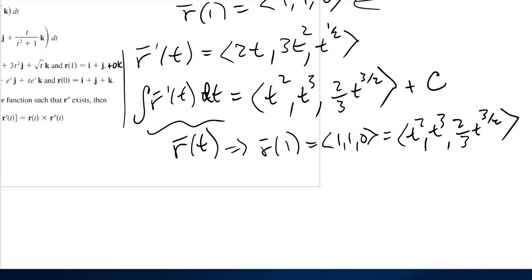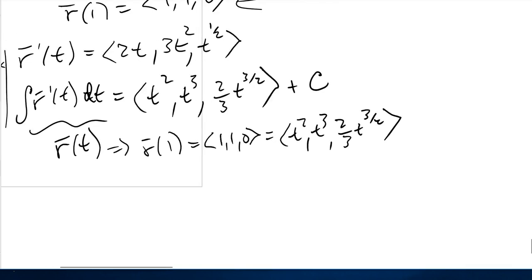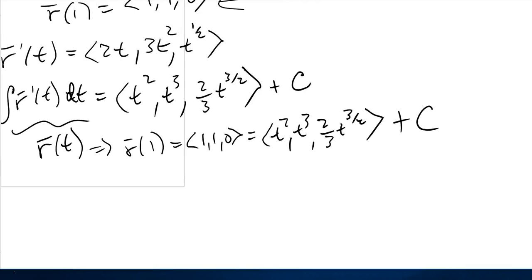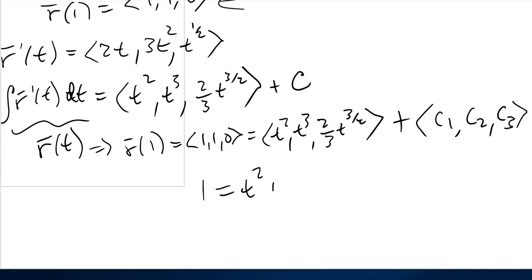Okay, plus c. So what this says is, this c is basically c1, comma c2, comma c3. So it says 1 is equal to t squared plus c1.